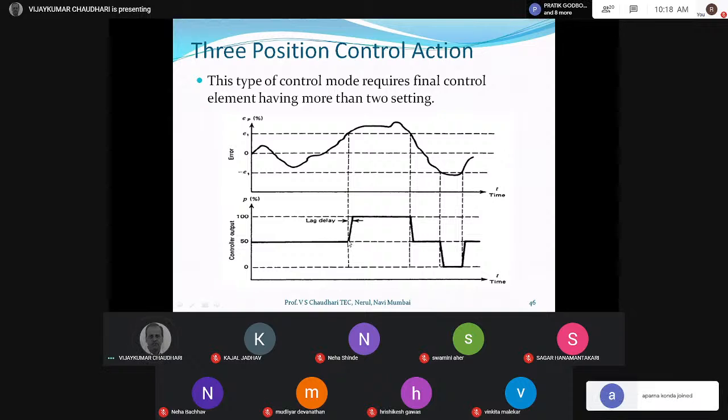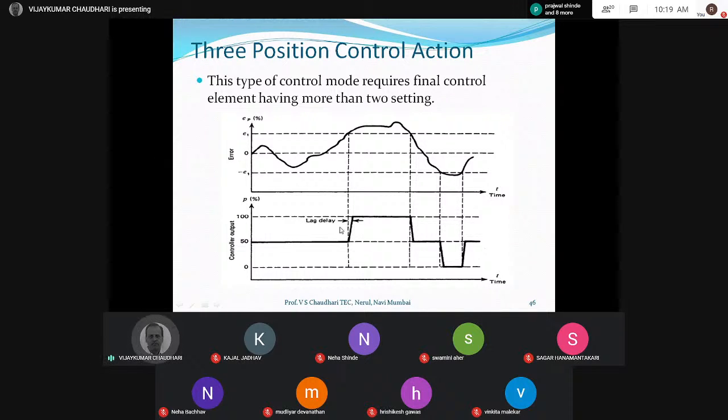This is set. Okay. Here, the error exceeds plus e_v, right? And then the controller output changes to 100%. Okay. This shows the time lag because it won't change suddenly.